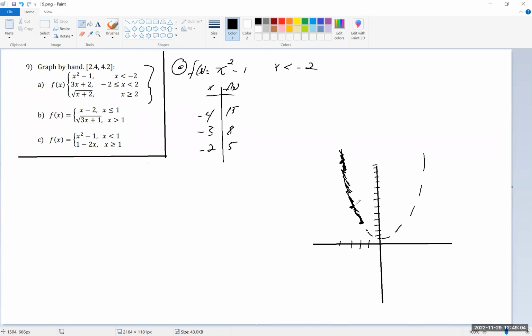The only other issue is to know that this should be an open circle. Okay, so hopefully I've done an okay enough job. I might even go a little thicker on it.